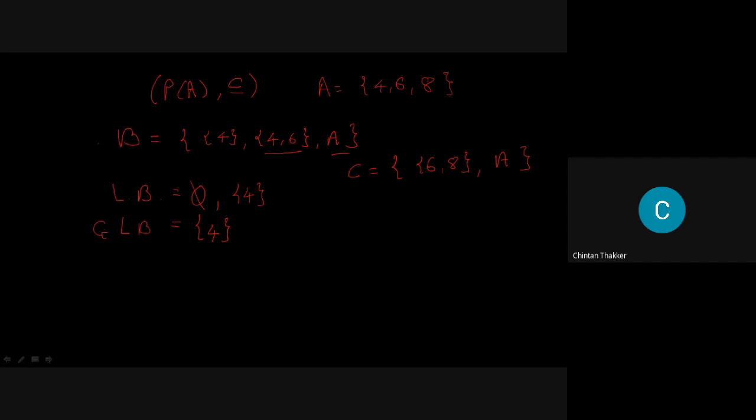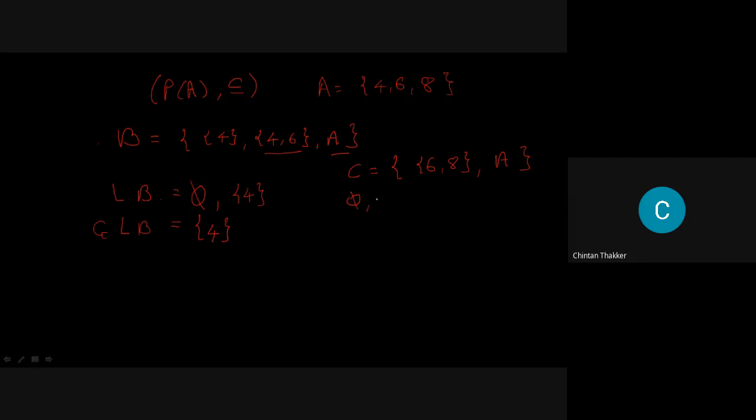And {6, 8} is a subset of itself and A, so it is also a lower bound. So here you have 4 lower bounds.